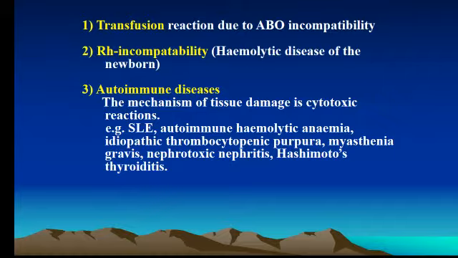We'll mention some examples of autoimmune disease: SLE, autoimmune hemolytic anemia, idiopathic thrombocytopenic purpura, myasthenia gravis, nephrotoxic nephritis, and Hashimoto's thyroiditis.